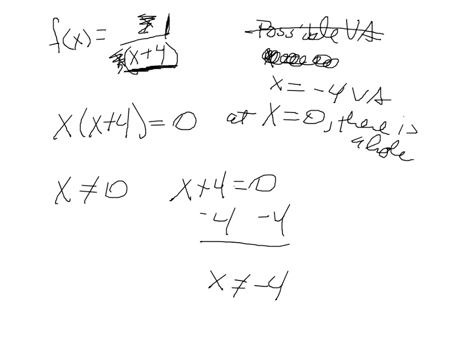So 0 doesn't go into the original rational function, but it's not a vertical asymptote. So if you graph this function, you see a vertical asymptote here at x equals minus 4, but not at x equals 0.